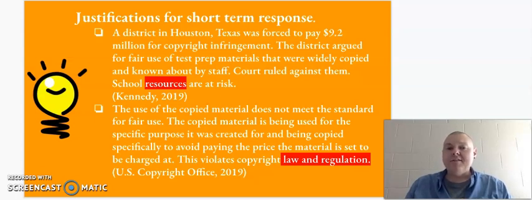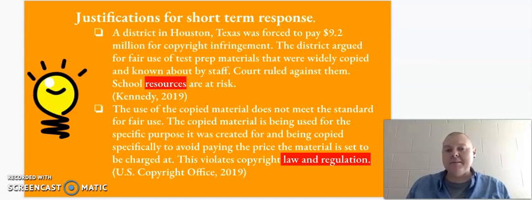The district argued that they were fairly using test prep materials that were widely copied and were known about by staff. The court ruled against them. Thus, school resources are at risk. This same article by Kennedy references the fact that smaller districts are becoming more likely to be sought out and to be punished for copyright infringement than they have been in the past.